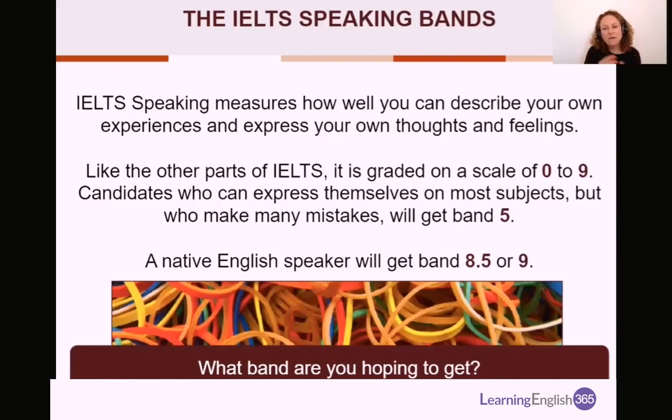As a general pointer, most students for undergraduate study will need at least a 6 on the band scores. For postgraduate study or immigration purposes, a band 7 is often required.